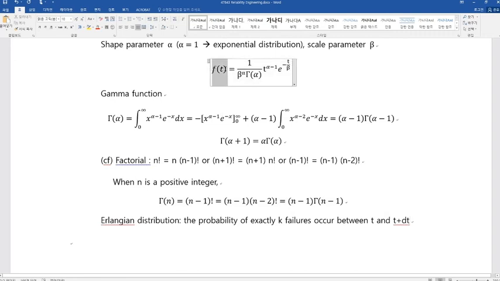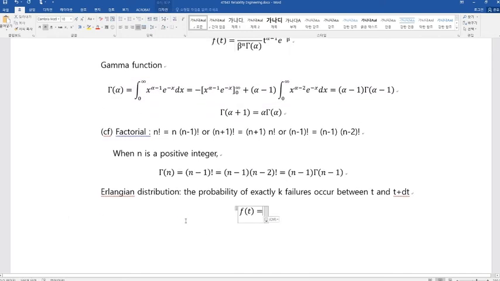How can we calculate the probability density function for this case? For the kth failure to occur between t and t plus dt, before time t there must be k minus 1 failures.